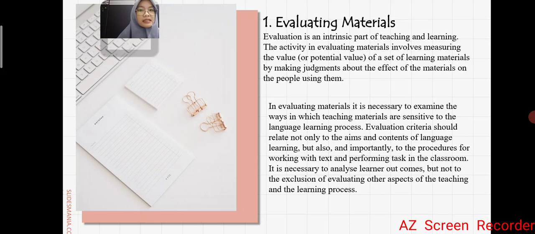It is necessary to analyze learner outcomes, but not to the exclusion of evaluating other aspects of the teaching and learning process.